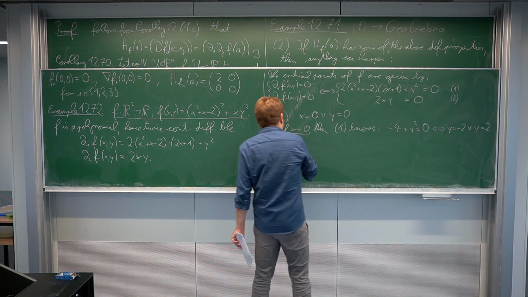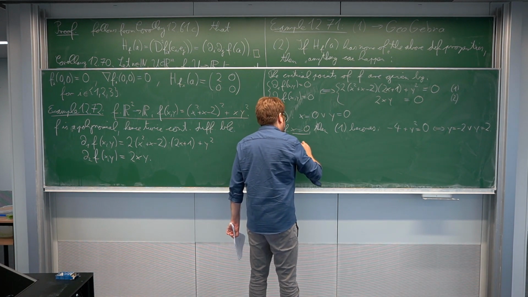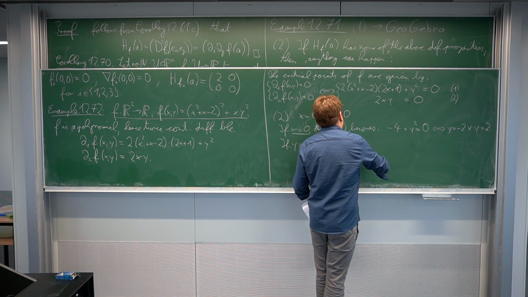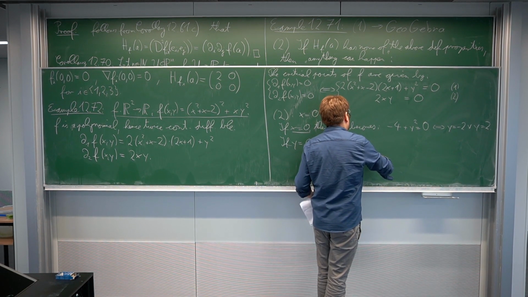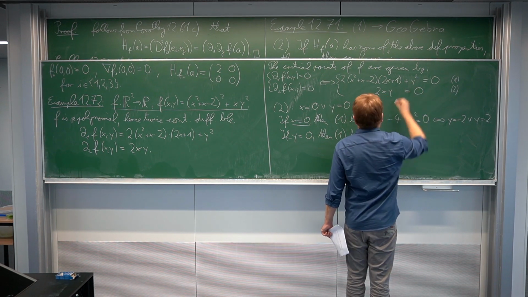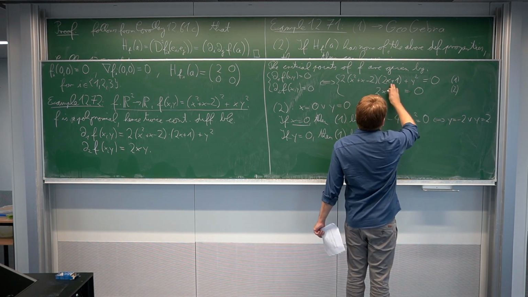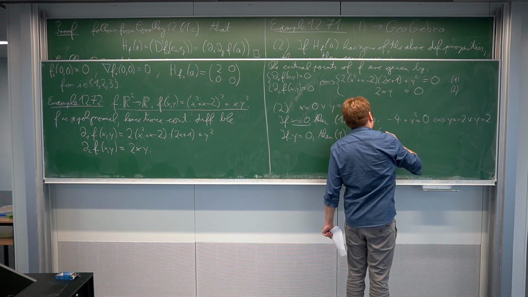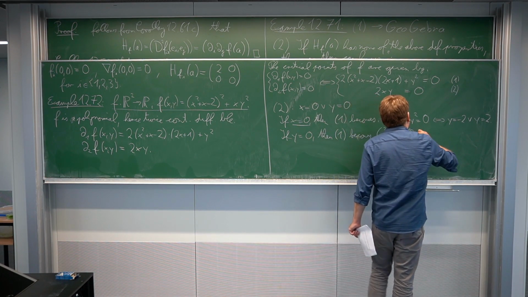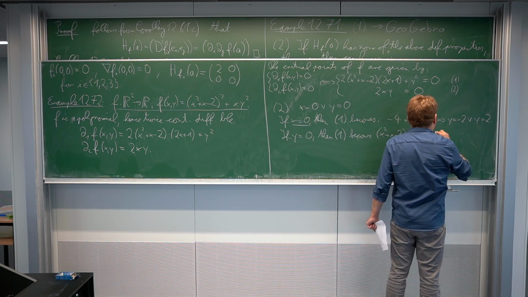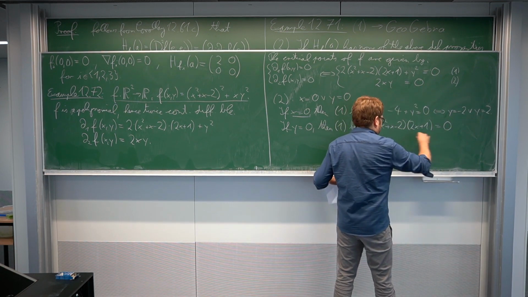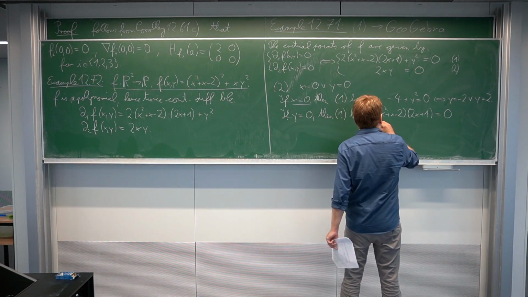Okay, on the other hand, if y is 0, then equation 1 becomes, I mean, this expression just vanishes. So twice this must be 0, and of course the 2 doesn't matter. So we just need (x squared plus x minus 2) times (2x plus 1) to be 0. The product is 0 if and only if one of the factors is 0.